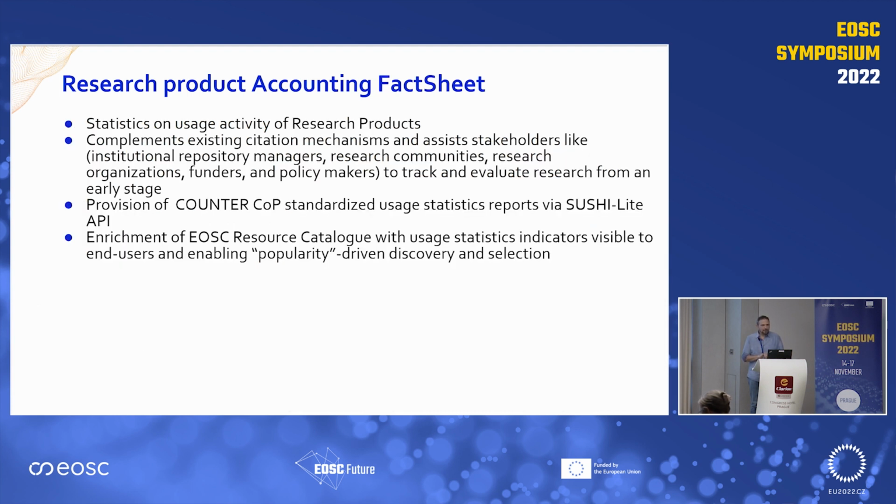So, as a fact sheet, what is important to know is that the statistics about usage activity of research products are integrated into the resource catalog. So the resource catalog shows the actual numbers related with every single object. The other thing that you have to take into account is that we do a sort of double aggregation process, because we collect events at the level of the individual PID, but then in the graph we are merging, so deduplicating, the objects, which may have different persistent identifiers, for example, but are the same.